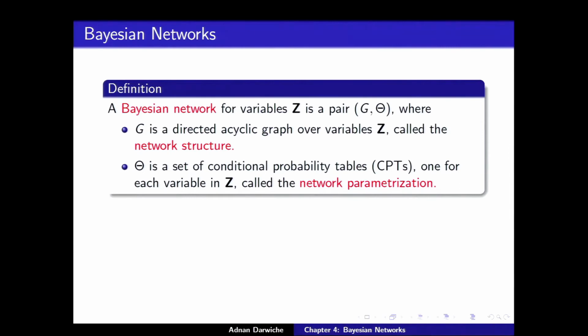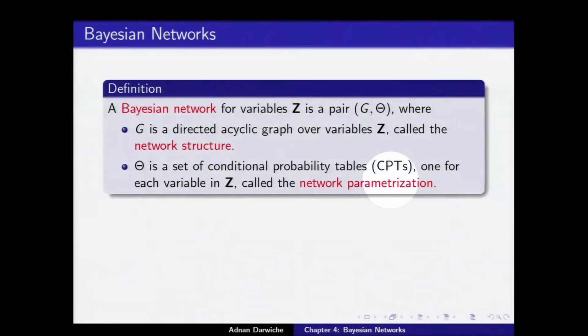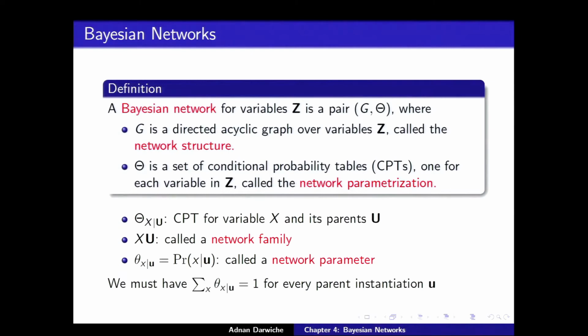Okay. So a Bayesian network for a set of variables Z is a pair: G is the DAG, and theta is the set of parameters. G is a directed acyclic graph over the variables called the network structure, and theta, big theta, is a set of conditional probability tables, CPTs. We call these the network parameters or parameterization, and we're going to use this notation, which will become very relevant when we do inference.